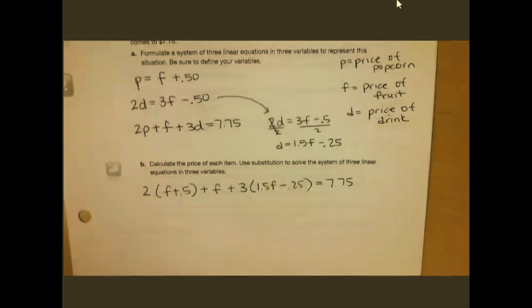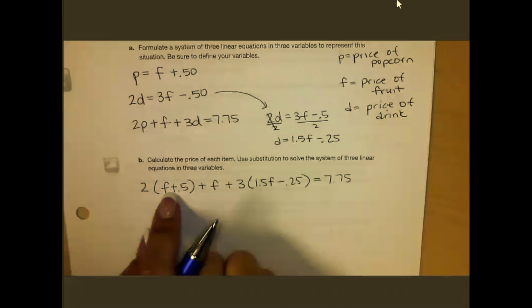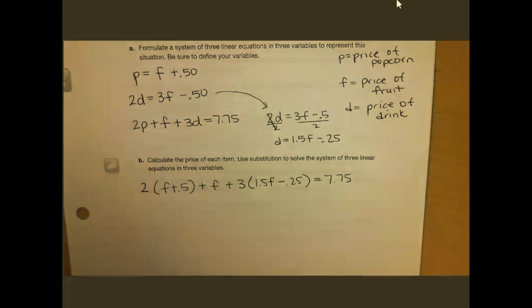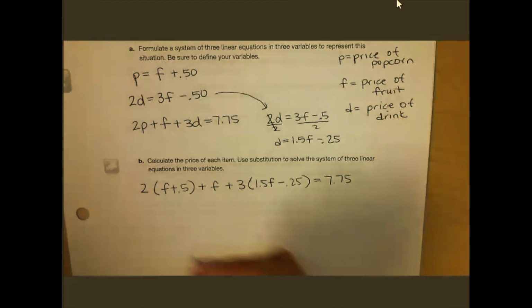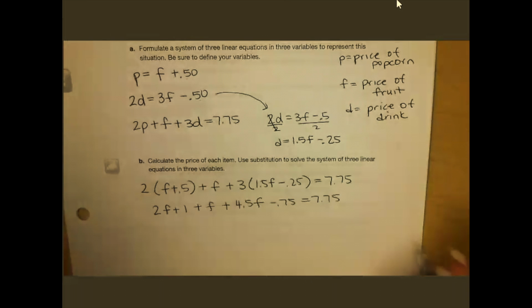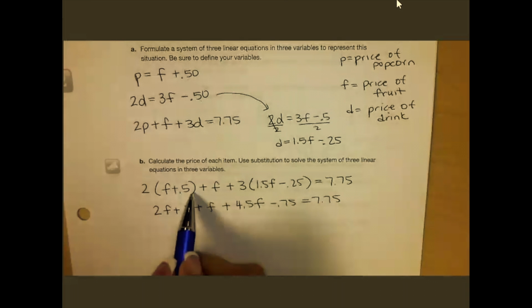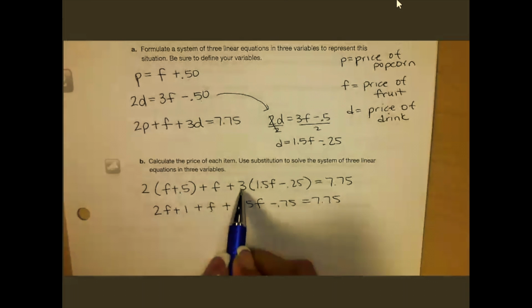We just took that from a 3 variable to a 1 variable by substituting both of those because they were both in terms of F, so we got lucky there. We distribute. So we distributed the 2 across this parentheses and the 3 across this one.